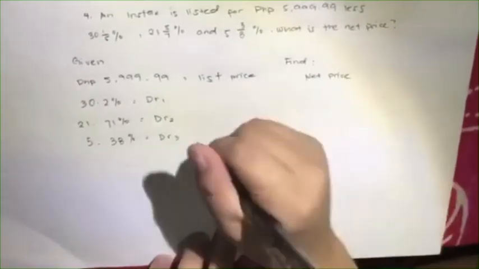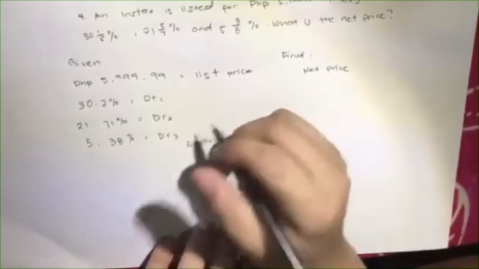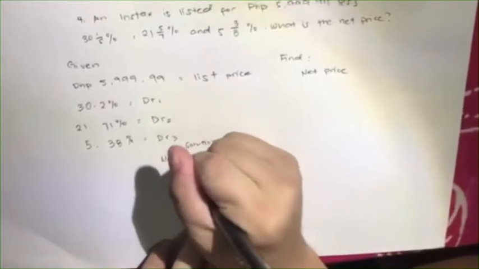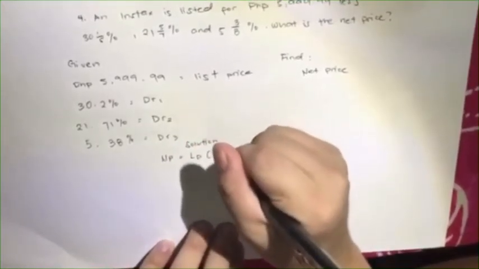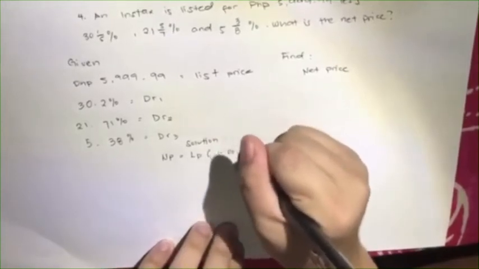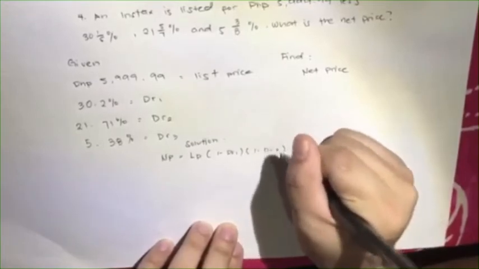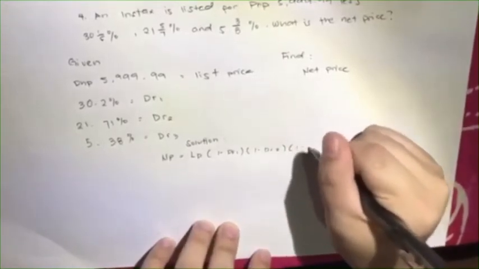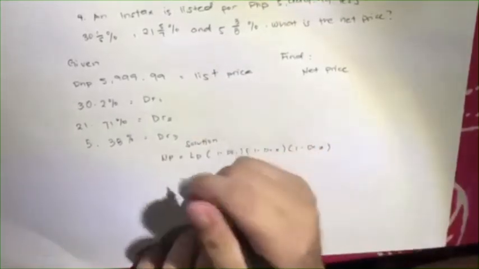So solution, gagamit tayo ng formula na net price is equals to list price times 1 minus DR sub 1 times 1 minus DR sub 2 and 1 minus DR sub 3. Then substitute lang natin lahat.